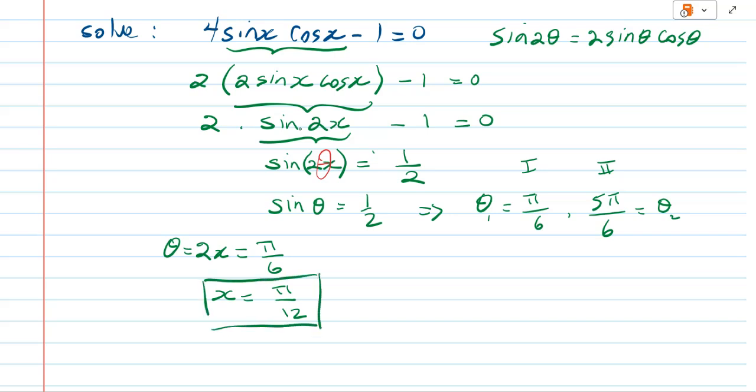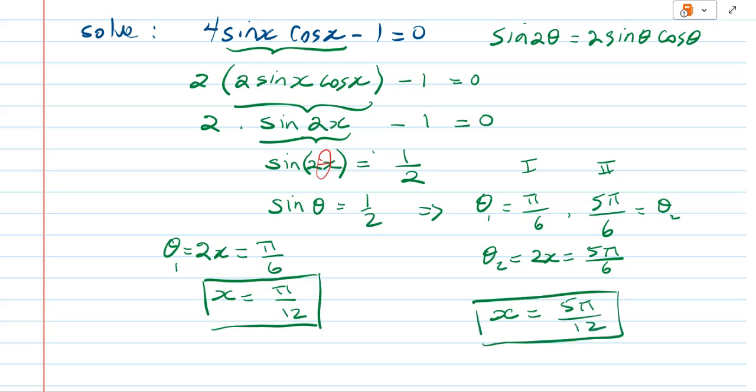The next one, theta 2, is 2x, which is equal to 5 pi over 6. You get x equals 5 pi over 12. So these are the two angles within the first period of this function.